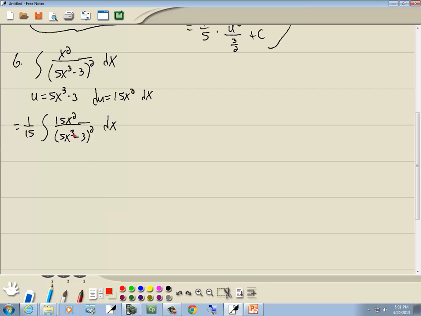Okay, so now the 5x to the third minus 3 matches that. The 15x squared, dx, those all match. So this becomes 1/15 integral of 1 over u squared du. Now remember, if we have u squared down in the denominator, we can take it up on top, and the sign of the exponent changes, so it becomes u to the negative 2 du.